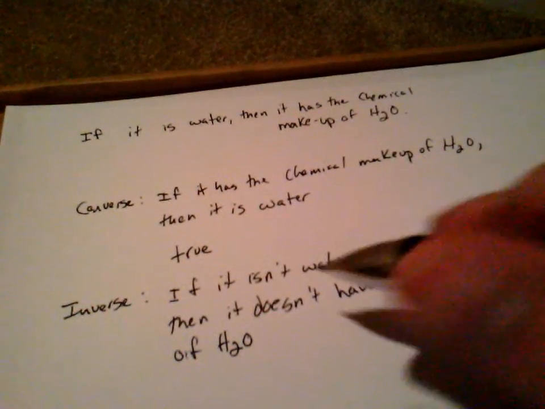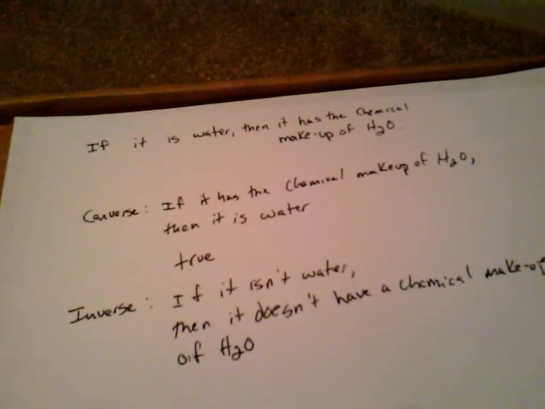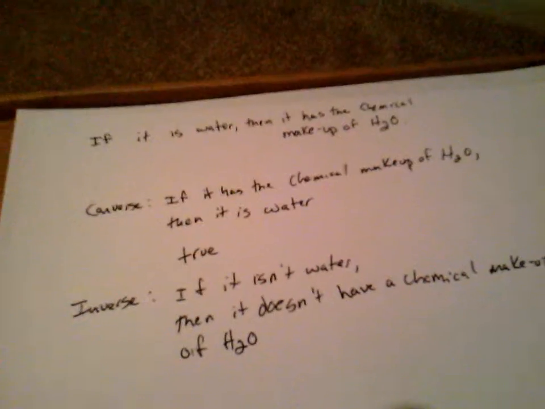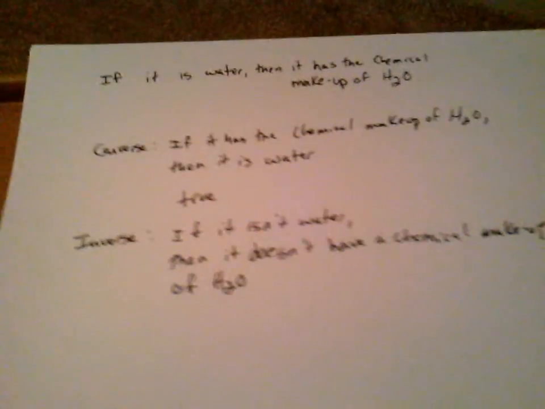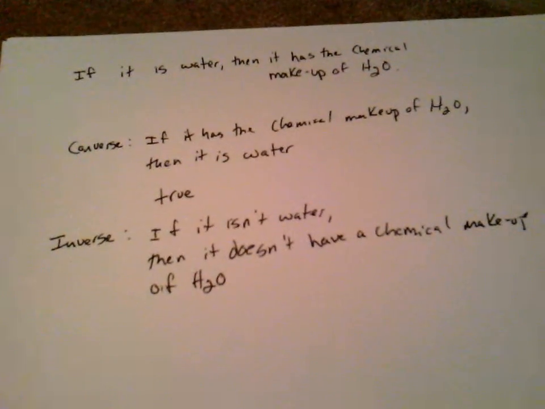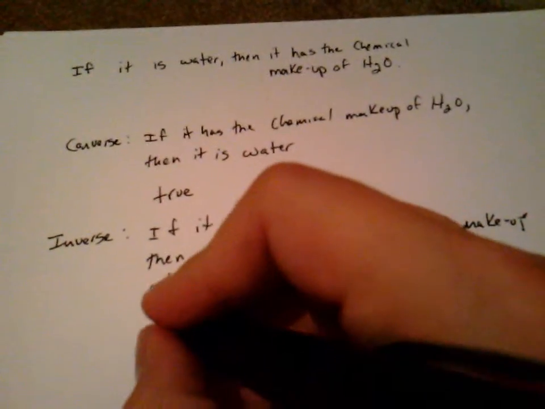Well, that's a true statement. If it isn't water, it can't have the makeup of H2O, because H2O is the only one that has the chemical makeup of 2 hydrogen and 1 oxygen. So that is also a true statement.